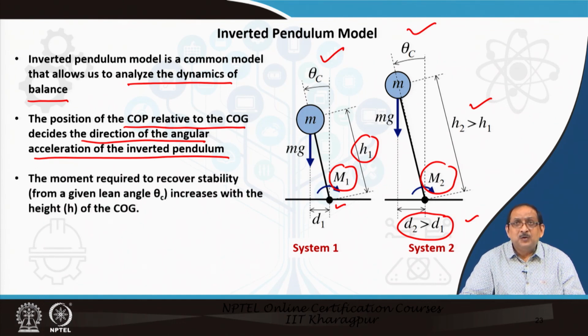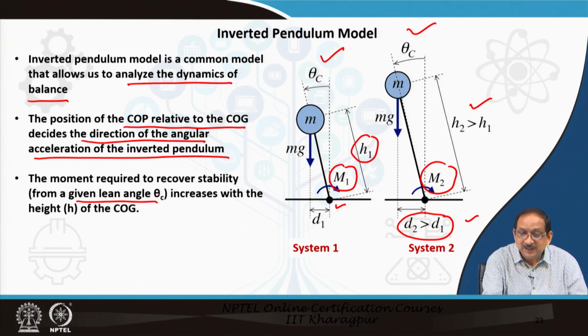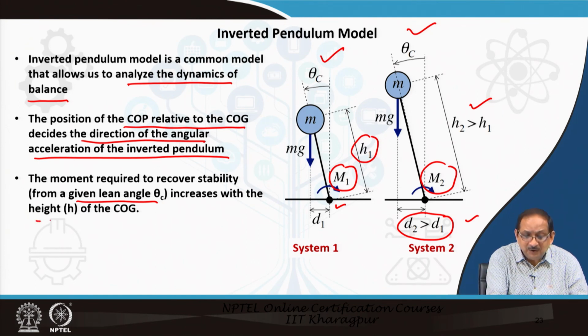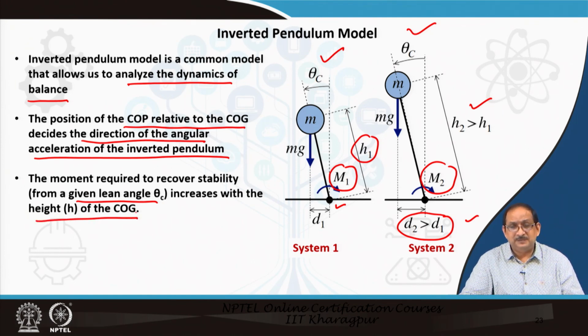Therefore, with the help of the diagram, we can understand that the moment required to recover stability from a given lean angle theta c, as stated in the configuration, increases with the height of the center of gravity.